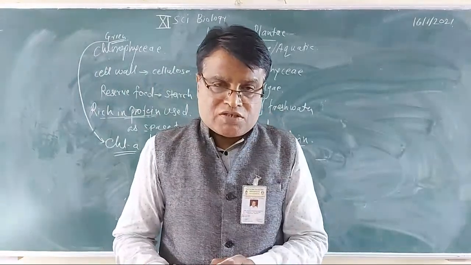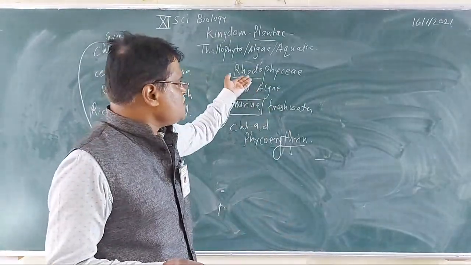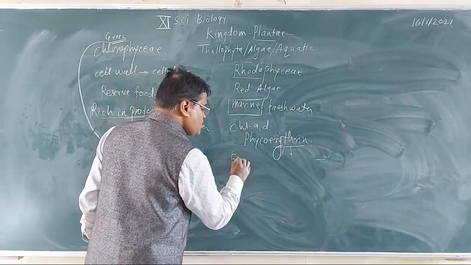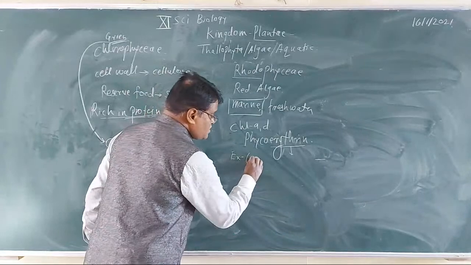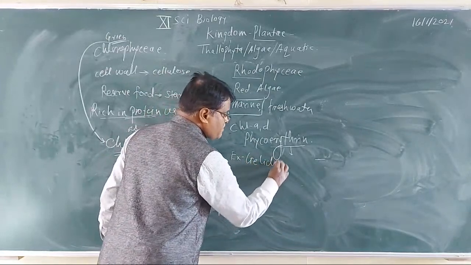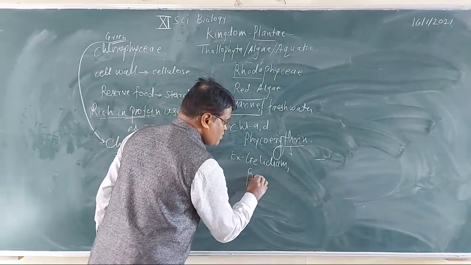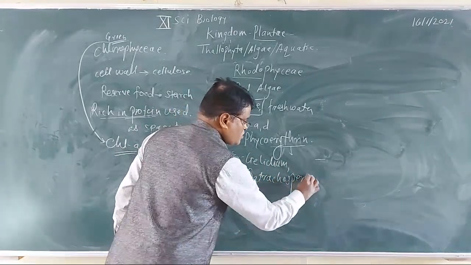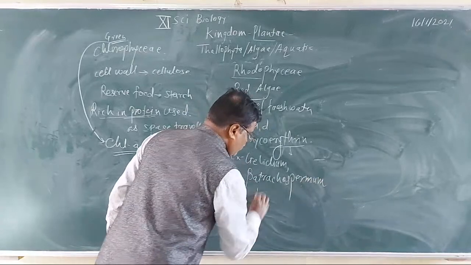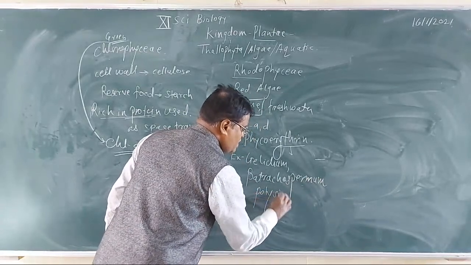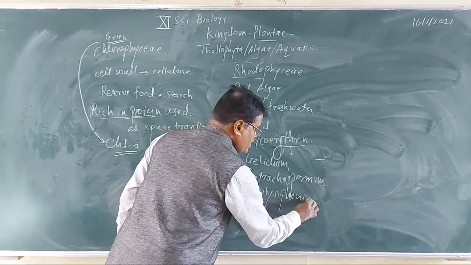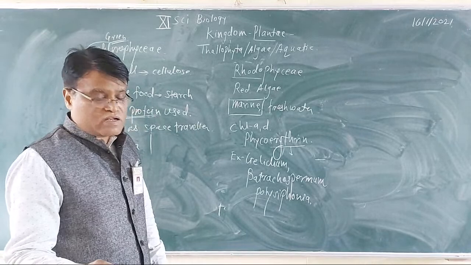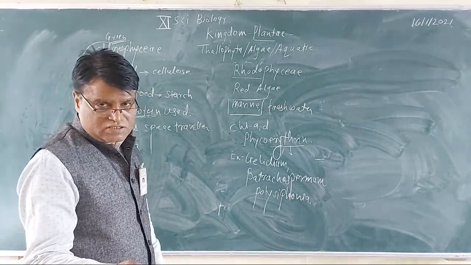Then next, suppose I would like to take examples. There are many examples given in our syllabus: Gelidium, or Batrachospermum, or Polysiphonia. These are the examples given in Rhodophyceae, isn't it?